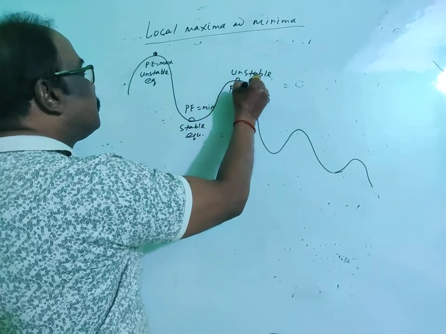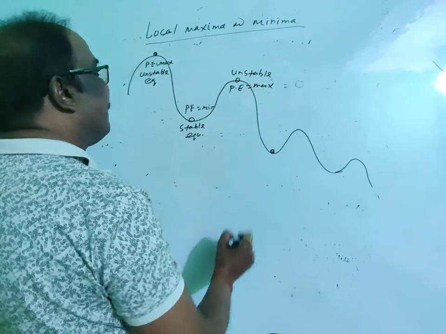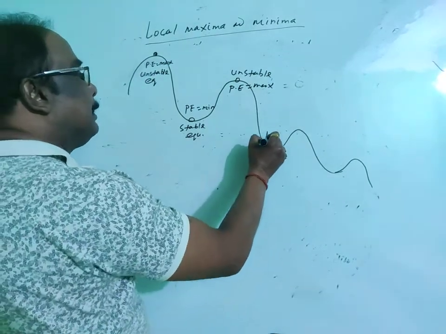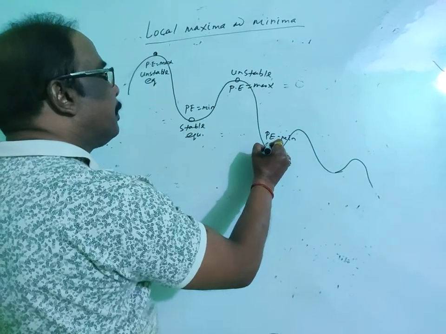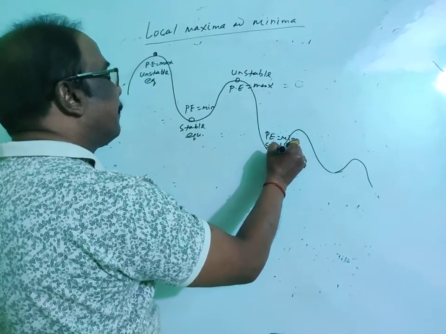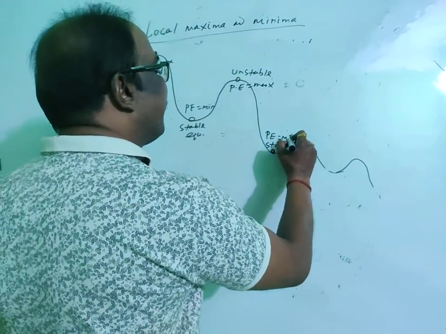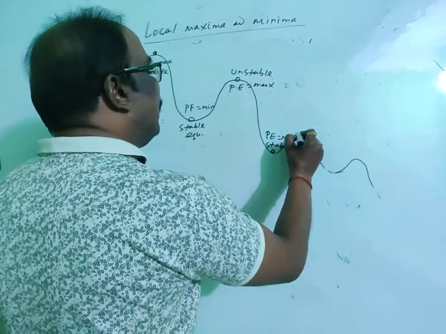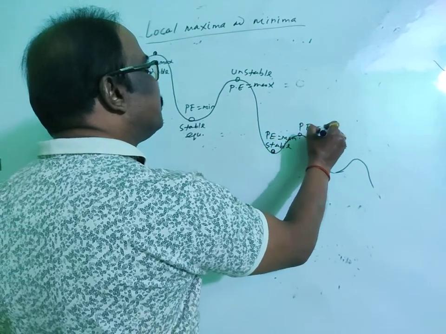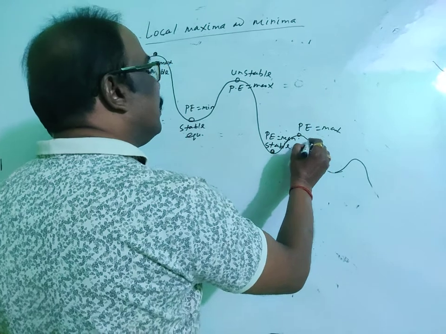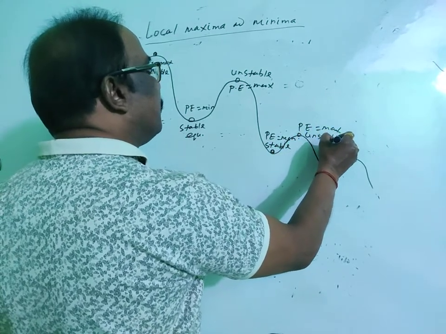Potential energy is maximum, and here potential energy is minimum, and this is stable equilibrium. Is it clear? And this is a position where potential energy is maximum, then this is the position of unstable equilibrium.